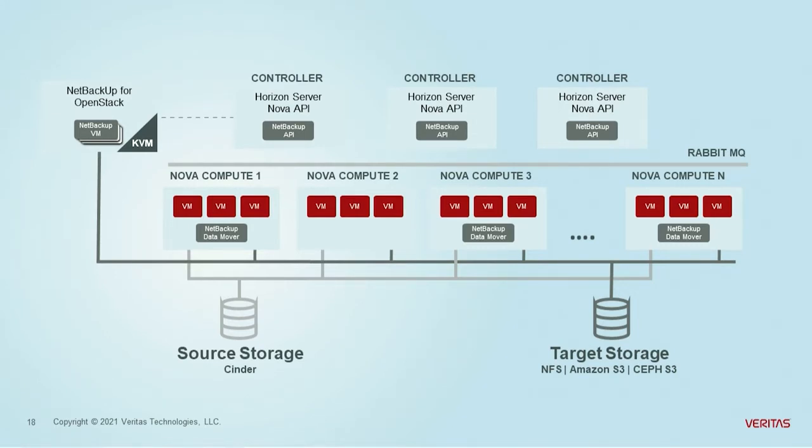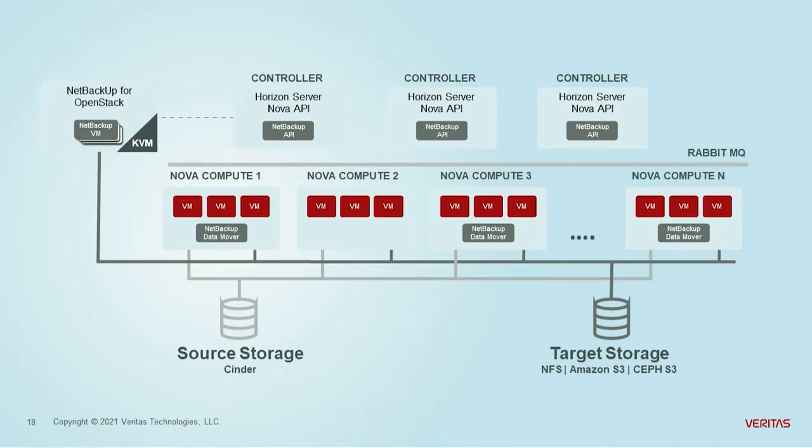Every compute node runs a data mover, and it is responsible for backup and recovery of the VMs running on that compute node. The NetBackup for OpenStack service controller is a virtual machine hosting the service logic. It controls and orchestrates the backup and restore processes across the OpenStack cloud, and it's configured using a high availability cluster.